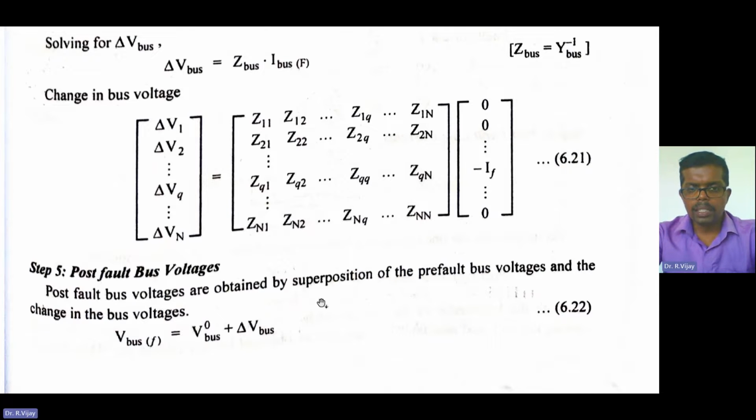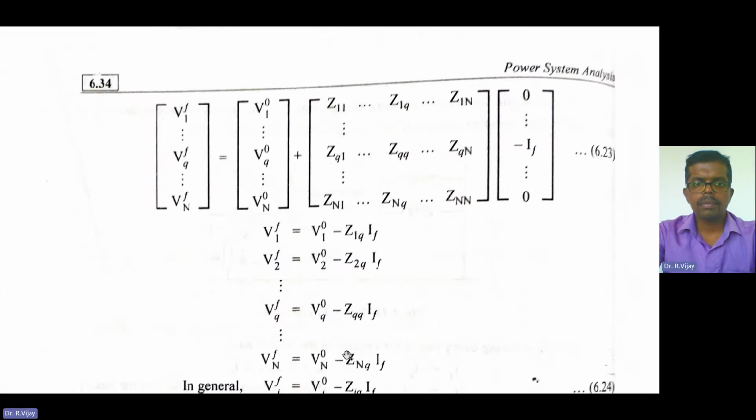The post-fault bus voltage is obtained by superimposing the pre-fault bus voltage and the change in the voltage. That is, V bus fault is equal to V bus naught, the initial bus voltages, plus del V bus, the change in the bus voltages. So now, what is the fault voltage? V1F, VQF, up to VNF.